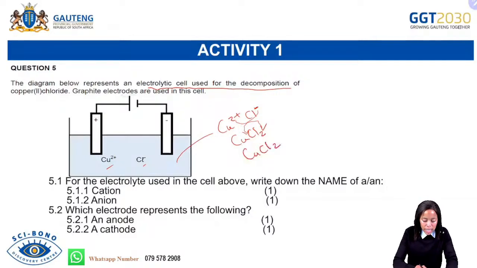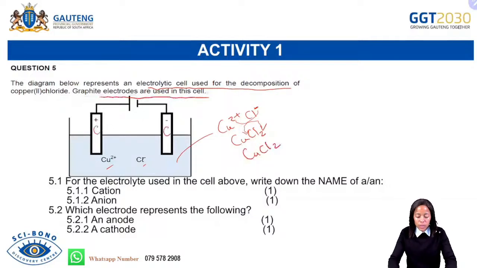Now it says graphite electrodes are used in the cell, okay? So remember, when we speak of graphite, we are therefore referring to what? We are therefore referring to the carbon. Now it says here, 5.1, for the electrolyte used in the cell above, write down the name of the cation and the name of the what? The name of the anion.